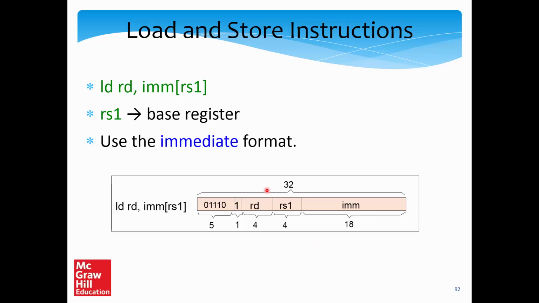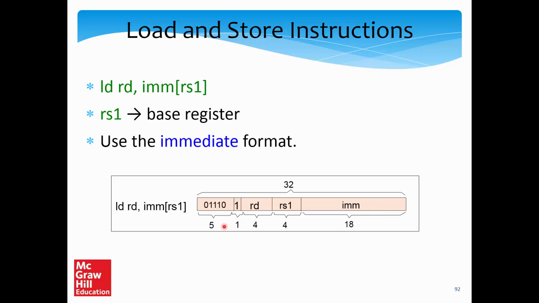Let's now discuss the load and store instructions. The load instruction has a register destination. So we are using the first 5 bits for the opcode. The immediate bit is 1. There is a register destination. The base register will be saved in the rs1 field. It has an immediate, which is the offset. So the immediate can be stored in the immediate field.